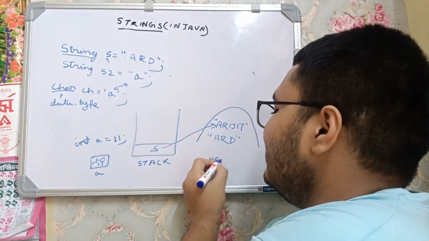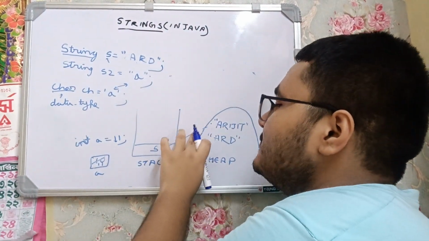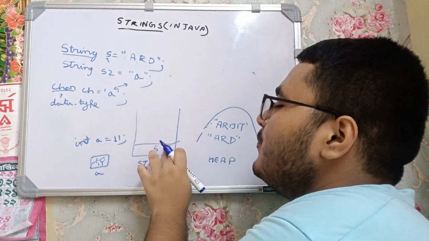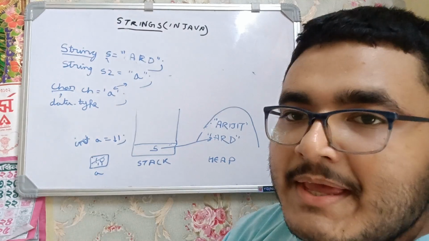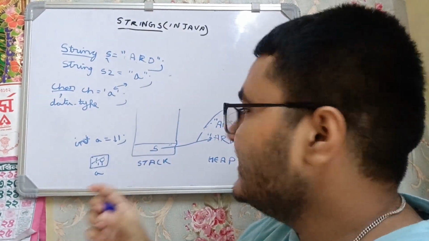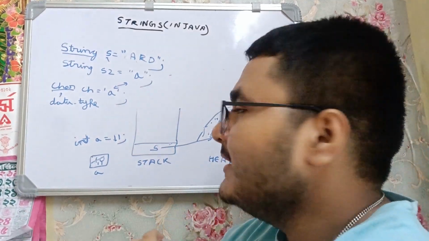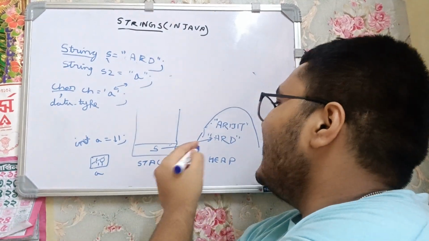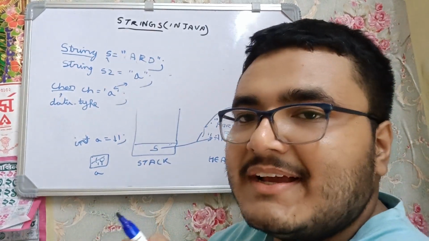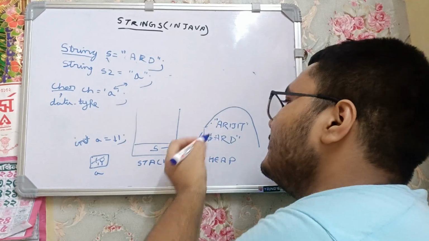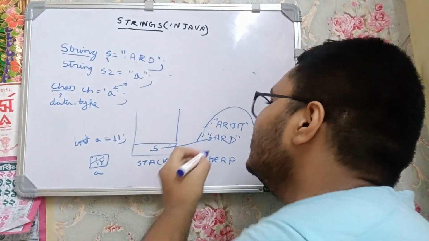This is your heap memory, fine. And the s from the stack memory will now point to the particular Ard. Basically this pointer is changing. This Origin is still in the memory, right? And it is acting like a garbage value now. So actually the Java garbage collector will remove this.